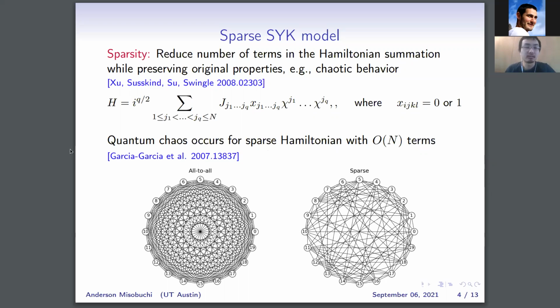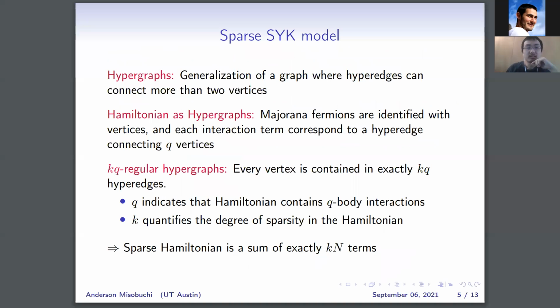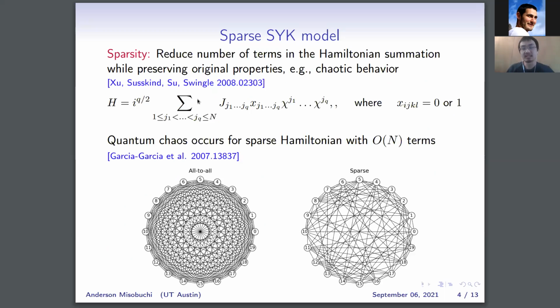What has been shown so far in the literature is that you can keep just a few terms, of order N, in this sum, in such a way that you still recover properties of the original SYK model, such as the chaotic behavior. So the question now is how to precisely choose these coefficients x to define the sparse model.